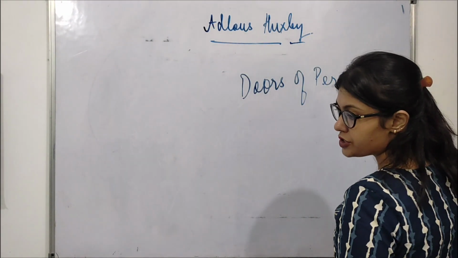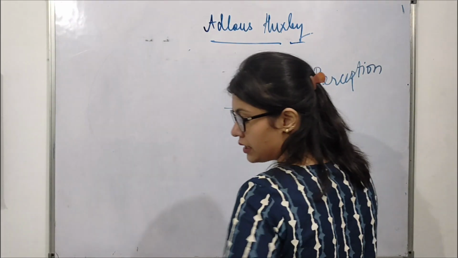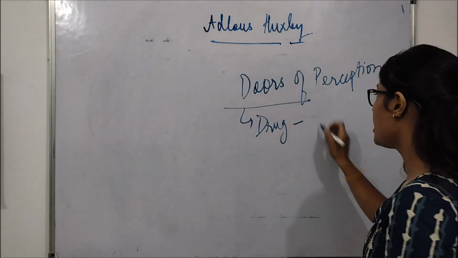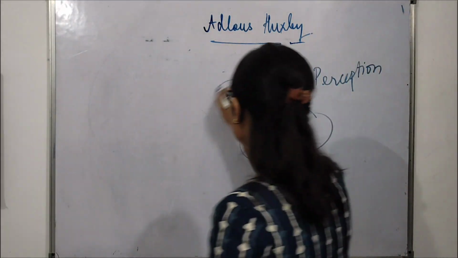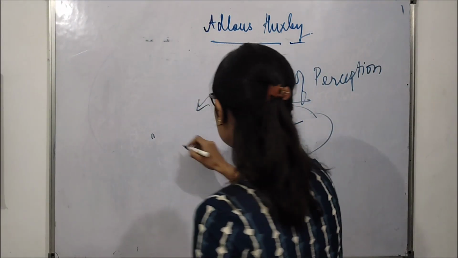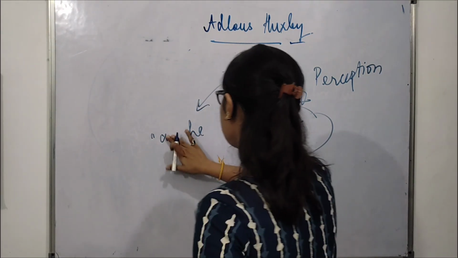Doors of Perception is about a drug, and obviously how drugs create the problem of psychiatric problems. The subtitle of the book is Heaven and Hell.